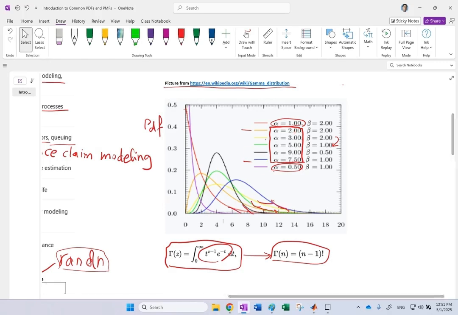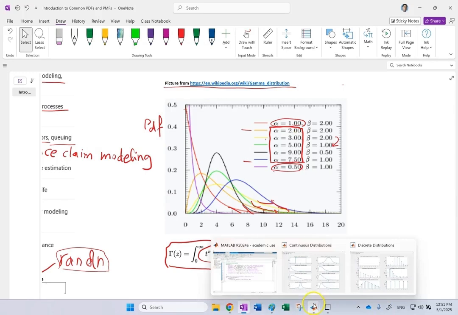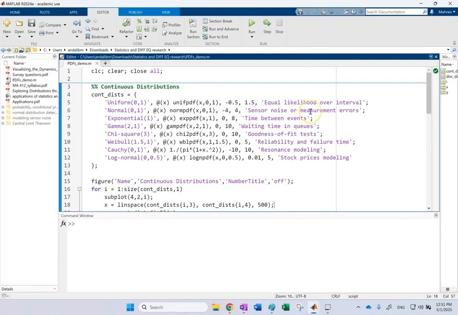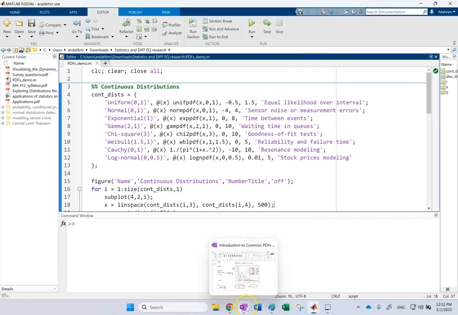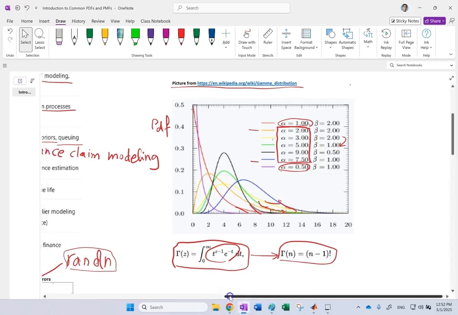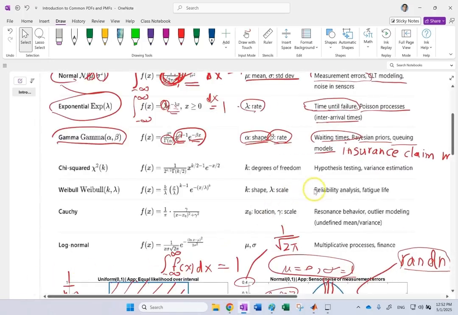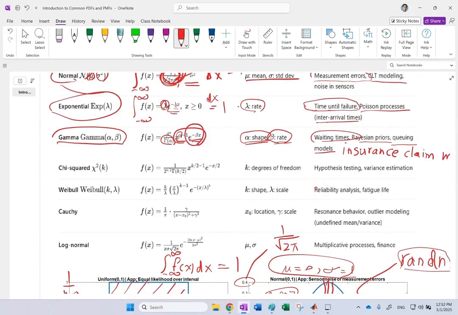So this is the rate that they decay. That is different. Now, if you want, I have code that I wrote and it can give you all of these different ones, so I can show you that. But what you can see is beta is why we call it rate, because it is this exponential term.